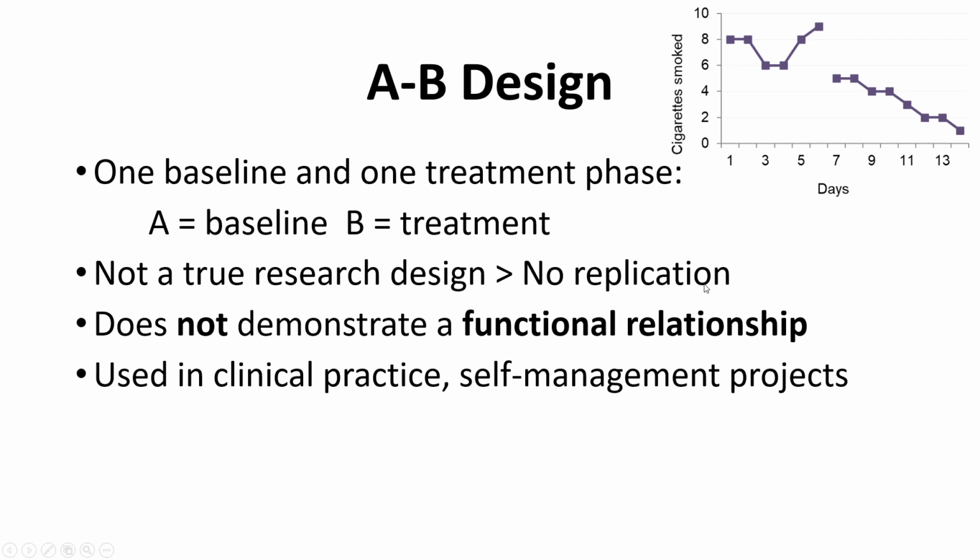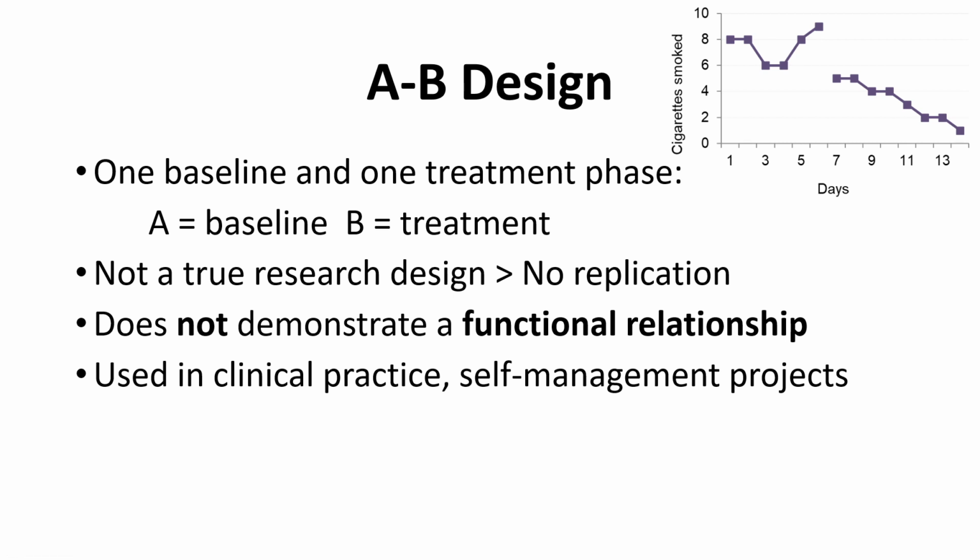Because we're just seeing that there's a difference between baseline and treatment, but we don't have any evidence that tells us that there's some cause, that the change in environment is what's causing that change. We can't for sure say that there's some kind of functional or causal relationship here.